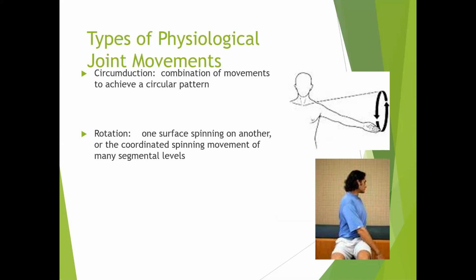versus rotation: one surface spinning on another, or coordinating spinning movements of many segmental levels. The gentleman right here is doing a rotation through the spine. It's commonly seen in yoga and many other modalities. What's occurring is not just one vertebra rotating.